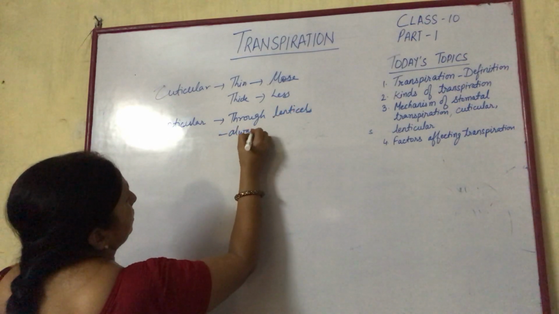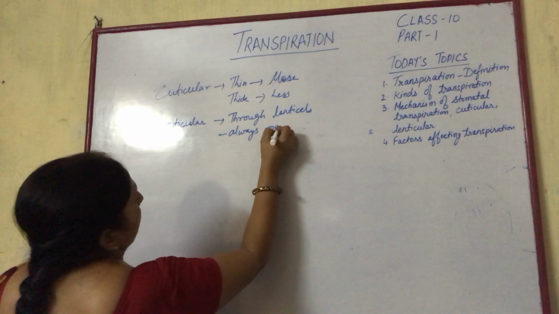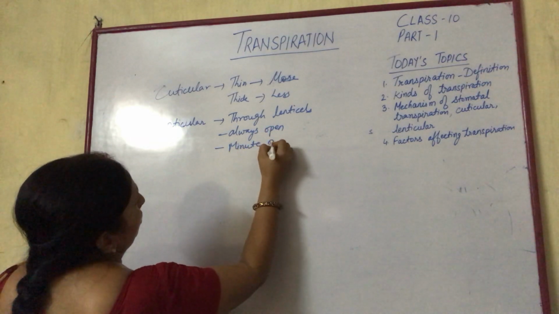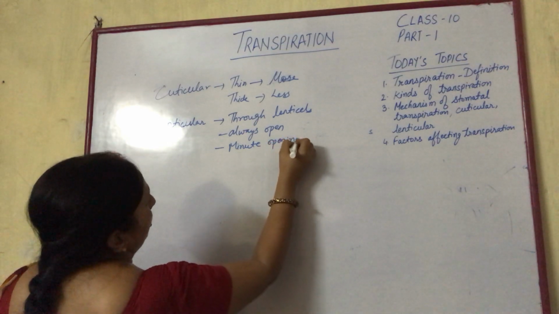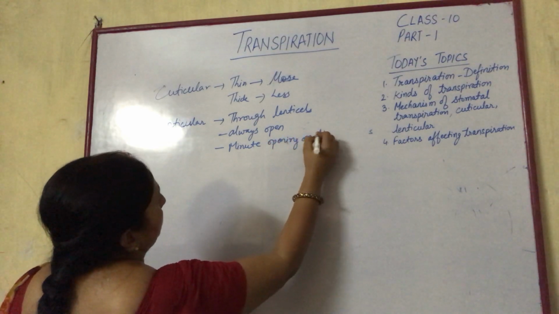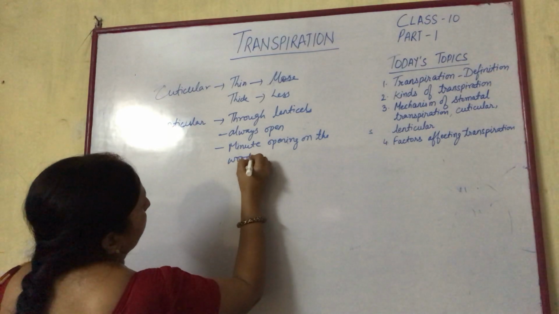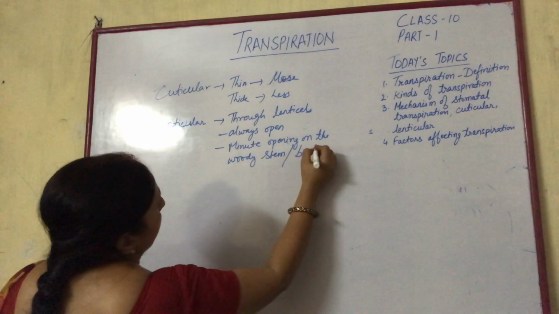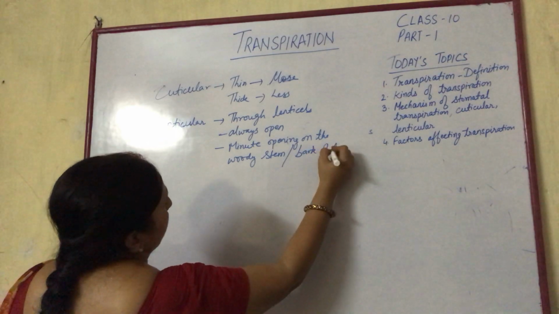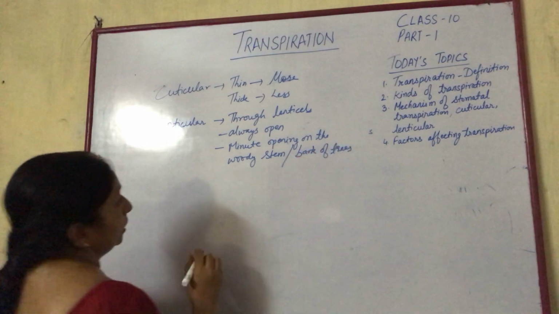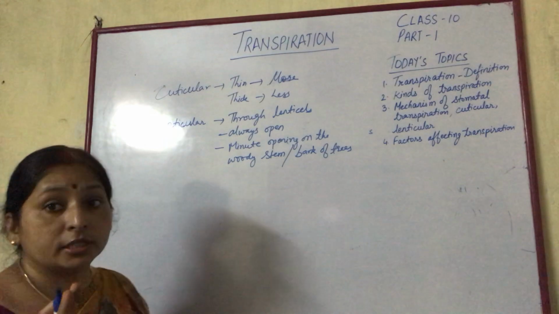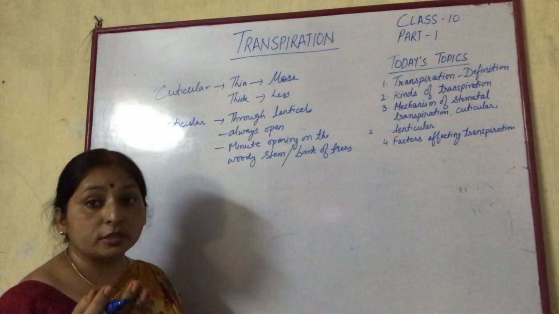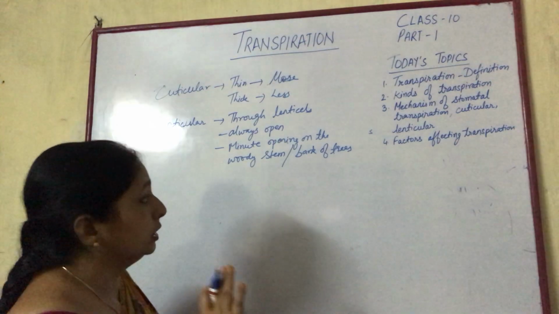They are minute openings on the woody stem or bark of trees. Here, lenticular transpiration allows diffusion of gases for the process of respiration as well as transpiration.